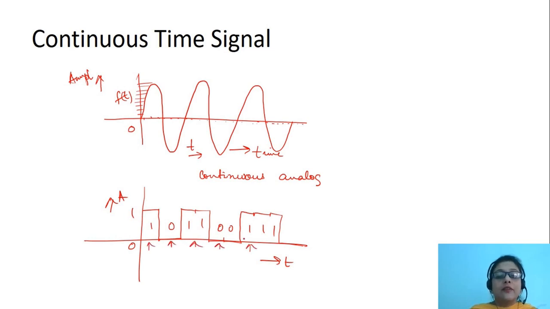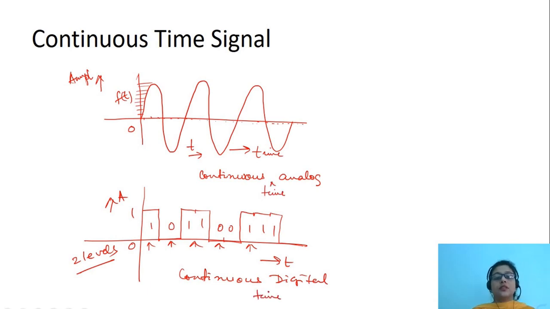And we are having a waveform. Along the y-axis, it has only two levels. So this is continuous digital signal. Continuous in the sense it is continuous time analog signal and this is continuous time digital signal.